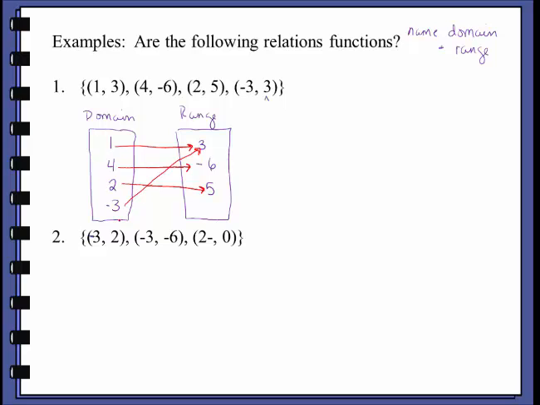Once I've drawn all my arrows, I then look at my domain. I have 1, 1, 1, 1. So each x has only one arrow. So this is a function.